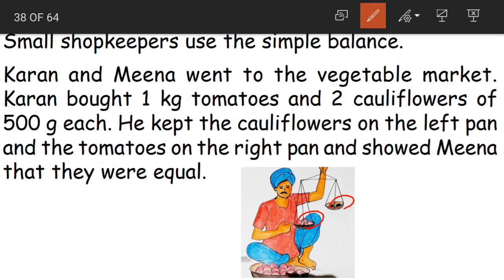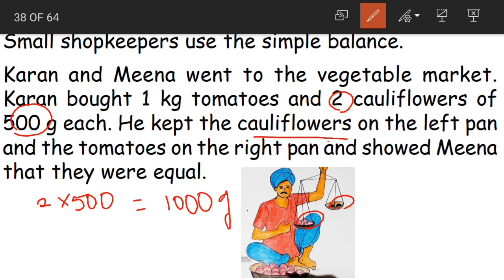In one pan, what do we have? We have 2 cauliflowers of 500 grams each. So what will be the total weight of the cauliflowers? It would be 2 into 500. Each cauliflower is 500 grams and we have 2 such cauliflowers, so the total weight would be 2 into 500, that is nothing but 1000 grams.